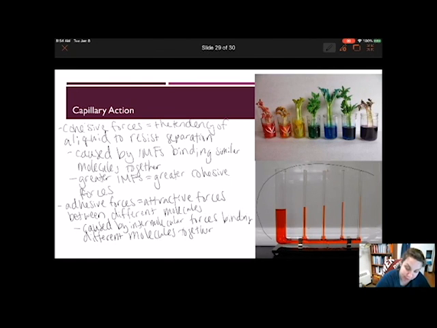We can see that capillary action over here, and the smaller the capillary, the greater the height of the liquid. So capillary action is the rise of liquids up a very narrow tube.